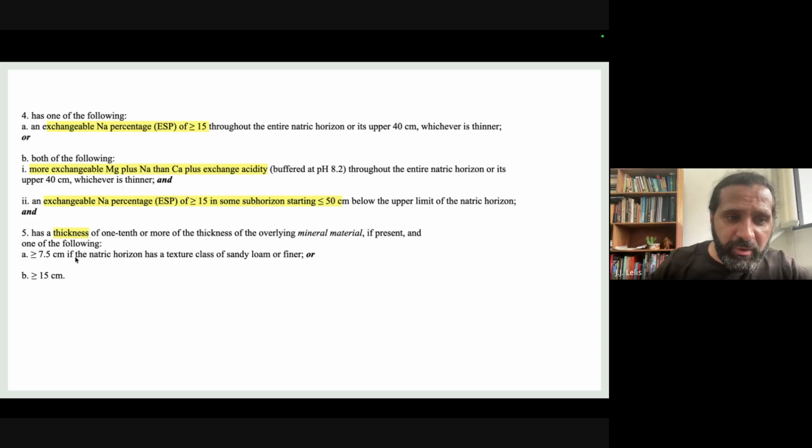If the natric horizon has a texture of loamy sand or thinner, it will be 7.5 centimeters. If I register other kinds of textures, like a sandy texture, it should be 15 centimeters or higher than this. So two options of thickness: let's say loamy, clay and silty textures, 7.5; sandy textures, 15.